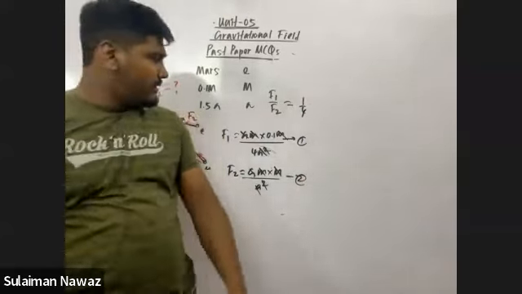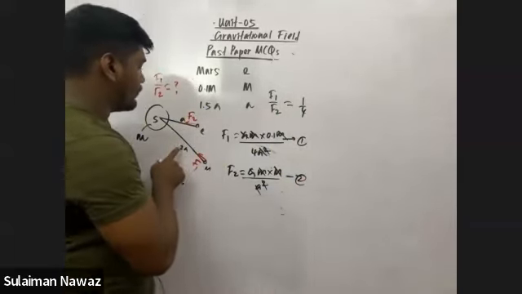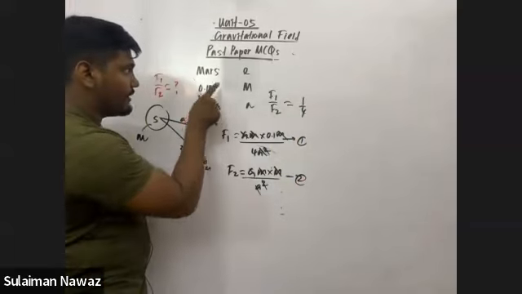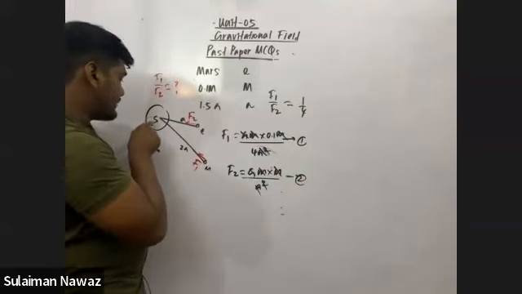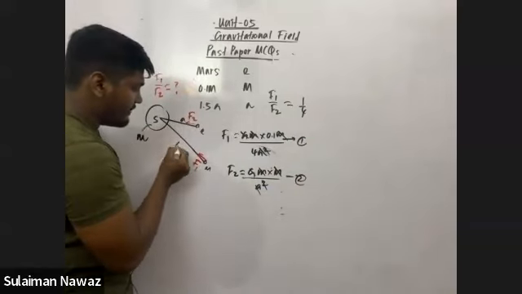But wait, I made a small mistake. The distance between Sun and Mars is not 2a, it is 1.5a. My bad.